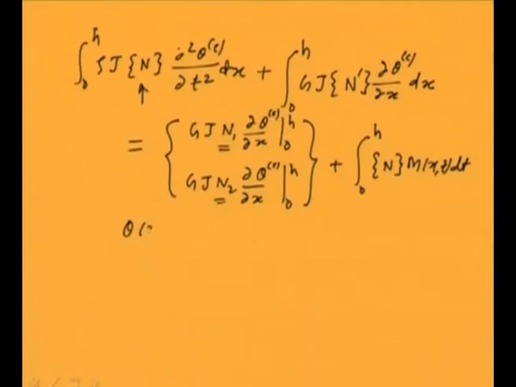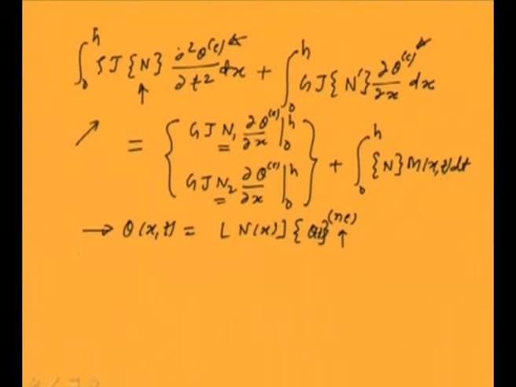Now we will be substituting the solution theta(x,t) equal to N(x) theta, that is time dependent. We will call this the nodal displacement, and it represents the nodal displacement of the element. This particular solution will be substituted in the above equation.